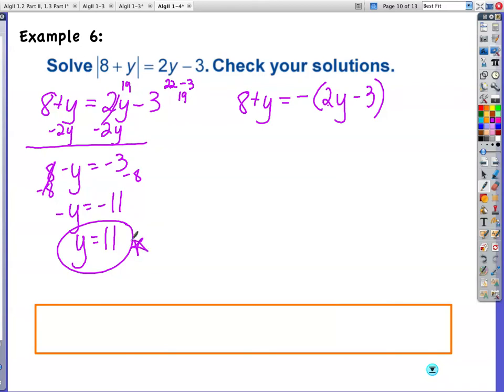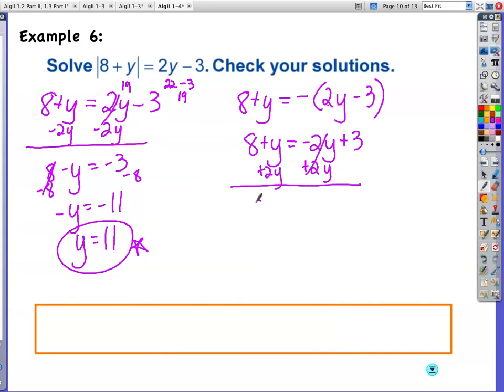And you're thinking, Mrs. Talley, you don't have to show me every time. Yes, I do, because here it goes. 8 plus y equals, distribute the negative to each piece. So basically it ends up being the opposite sign as I started with. Some of you could possibly go on to this step, but you need to be really on your toes. Otherwise, you're going to forget. Now I'm going to put my y's on the same side, so I add 2y to both sides of the equation.